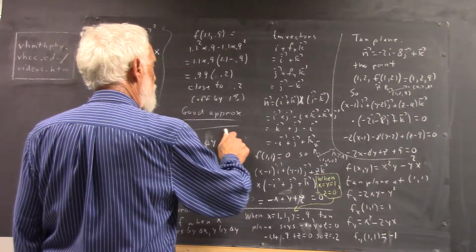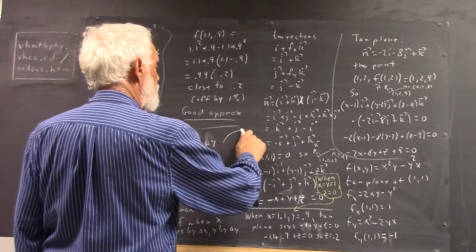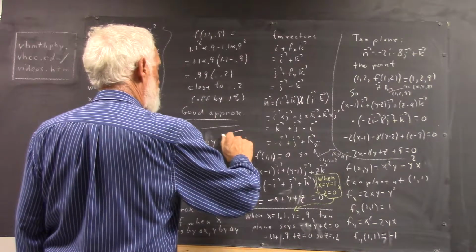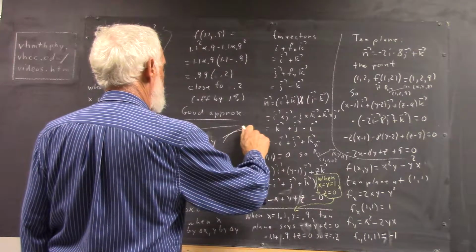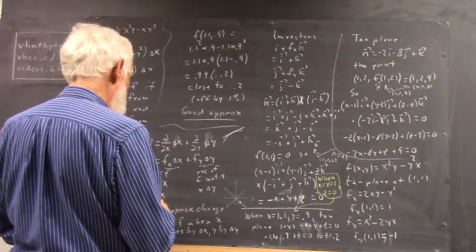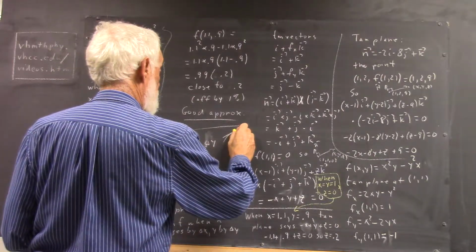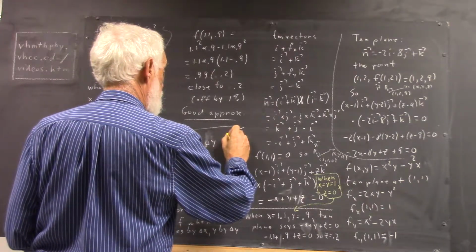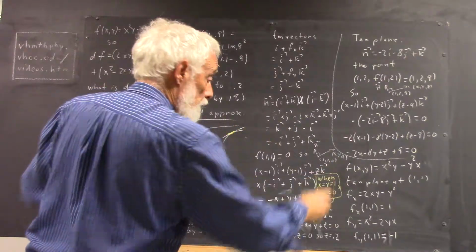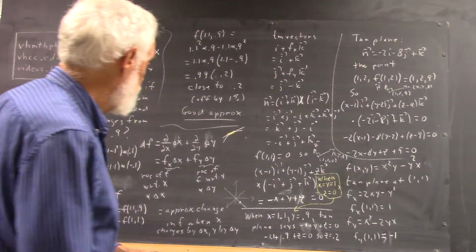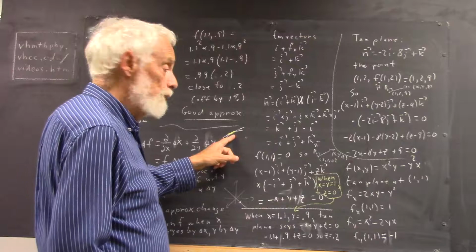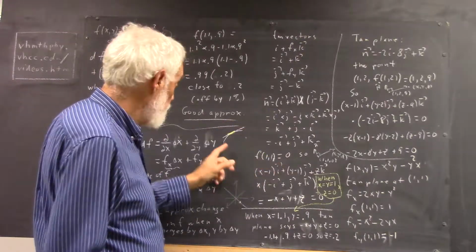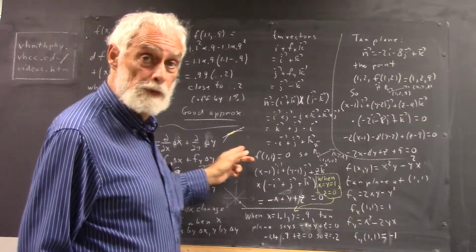If you have a curve and a tangent line at some point, that tangent line stays really close for a little while. But then it starts getting further and further away, and your tangent line no longer gives you a good approximation to the value of the function that's represented by the curve.